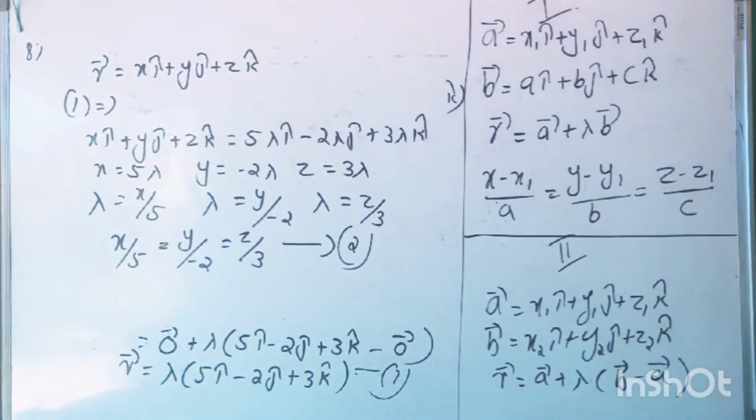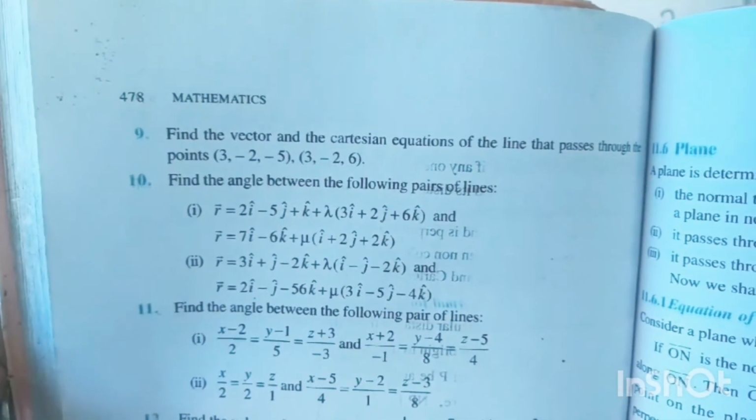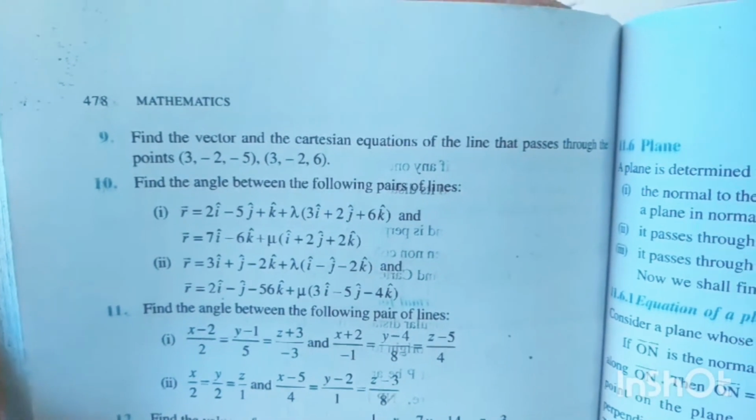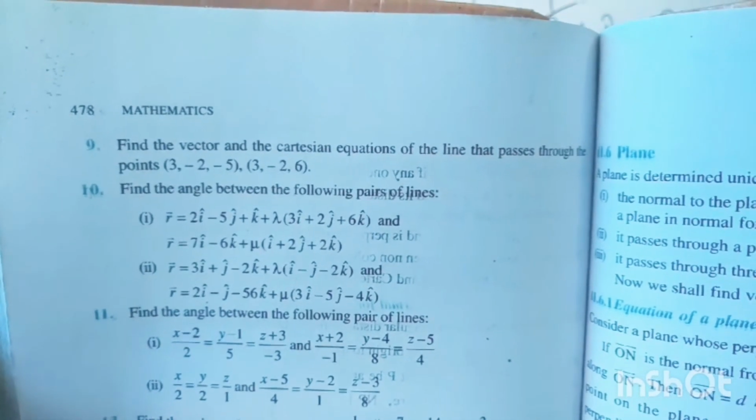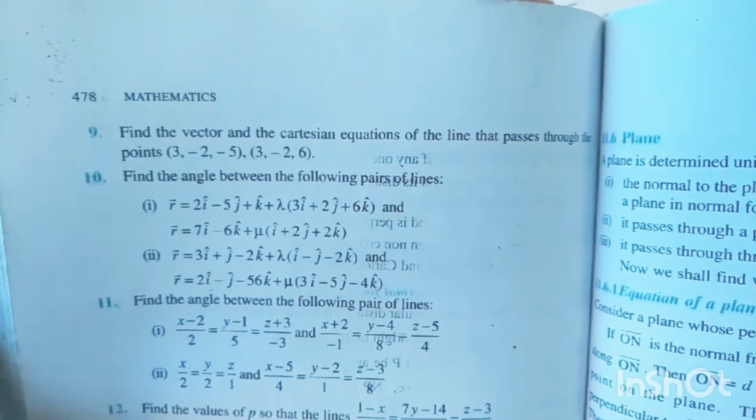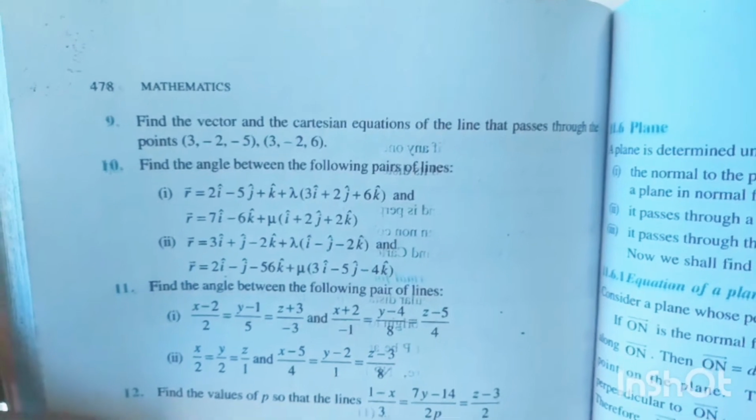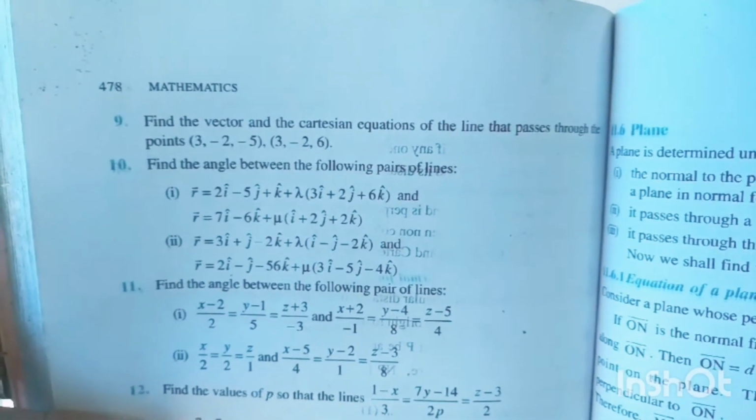Question number 9. Find the vector and the Cartesian equations of the line that passes through the points (3, minus 2, minus 5) and (3, minus 2, 6).